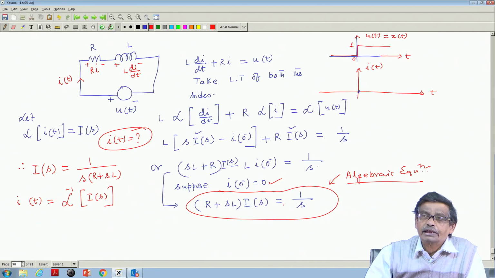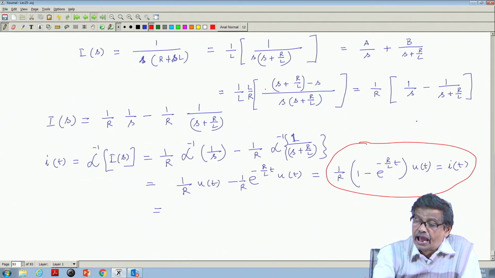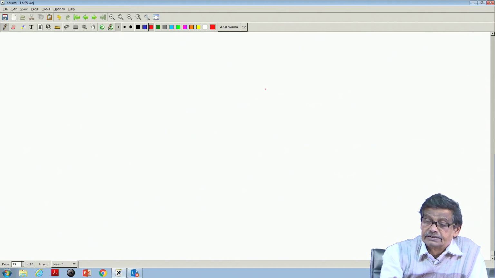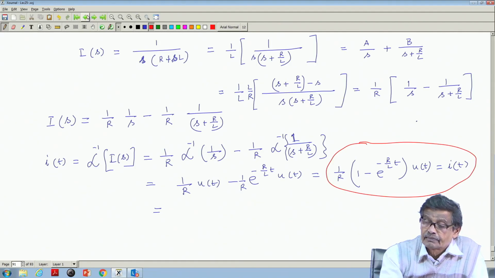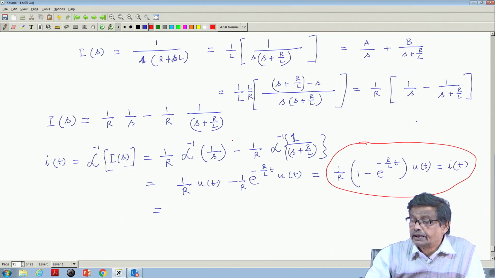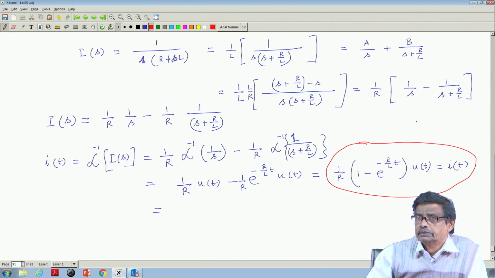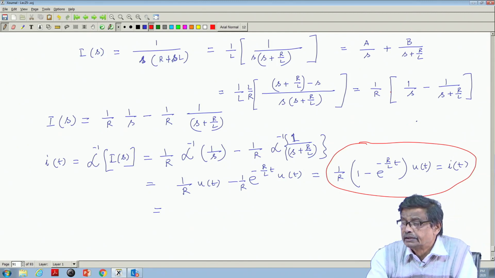As if you are solving a DC circuit, I(s) is equal to some this by this. Therefore, finally, you arrange this term appropriately, so that you can easily make up your mind what the Laplace inverse will be.